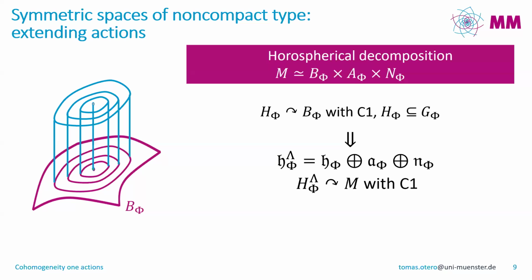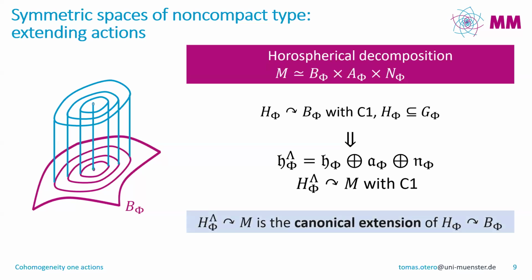And so if the original action has a singular orbit, the resulting action on the ambient space is going to also have a singular orbit. And this group here is what's known as the canonical extension, or this action here, the canonical extension of the action on the smaller copy of your symmetric space.